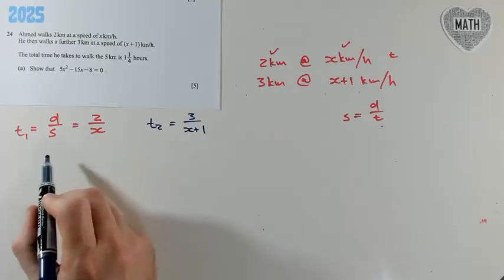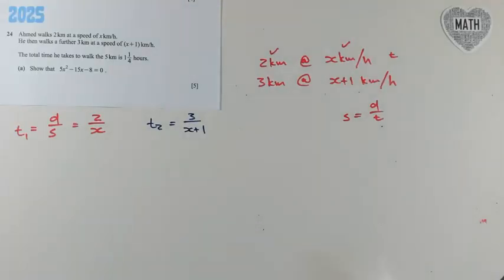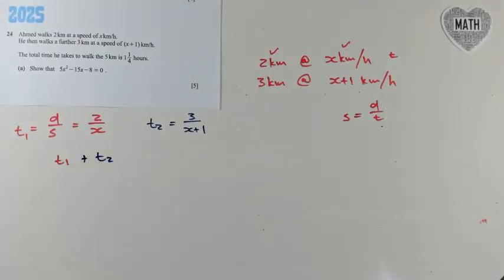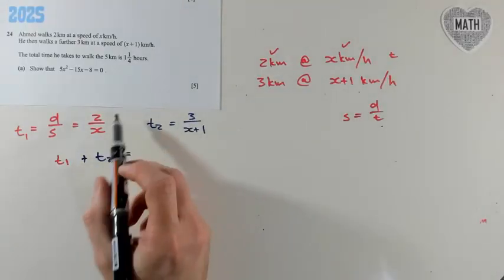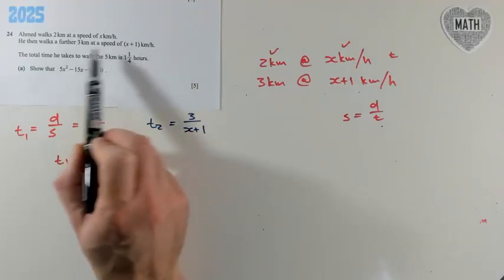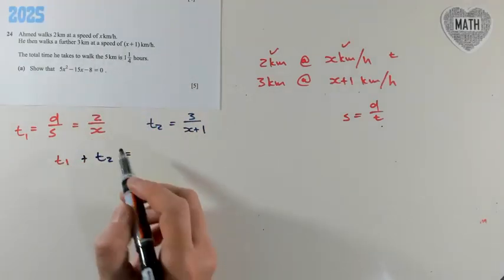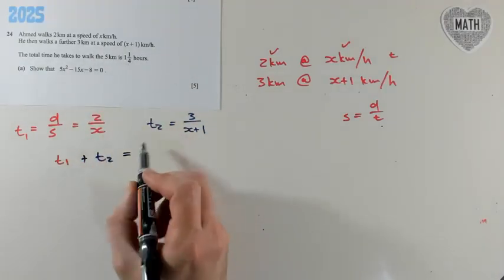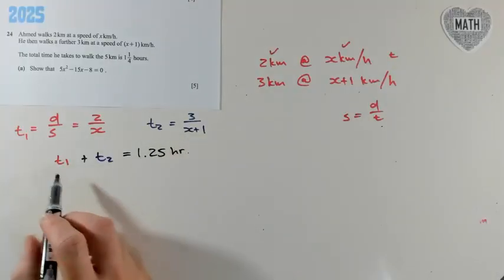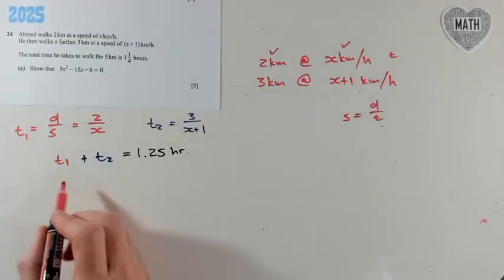So basically T1 plus T2 should equal 1.25 hours. Luckily, this is kilometers and kilometers per hour, so there's no other conversions like we had in the previous question. Okay, so now we have an equation, pretty straightforward.